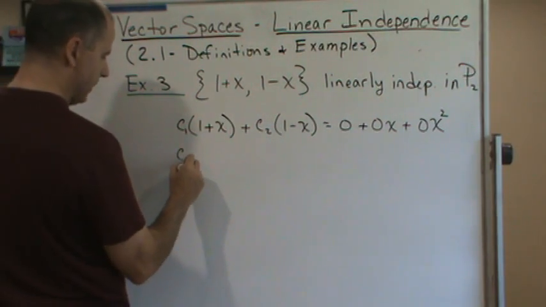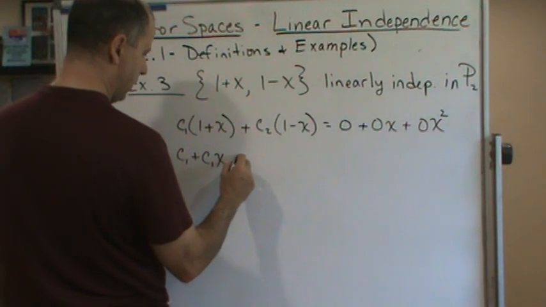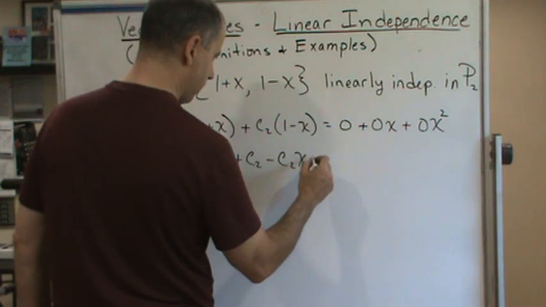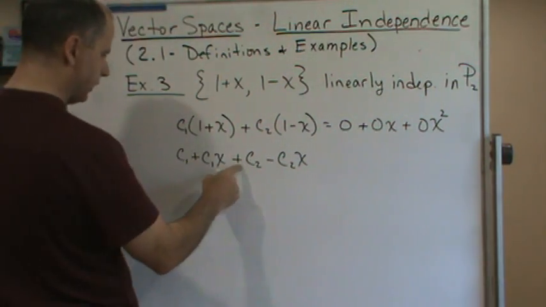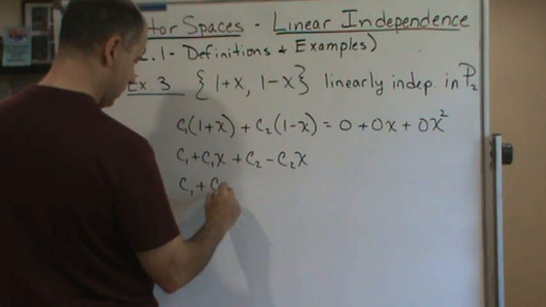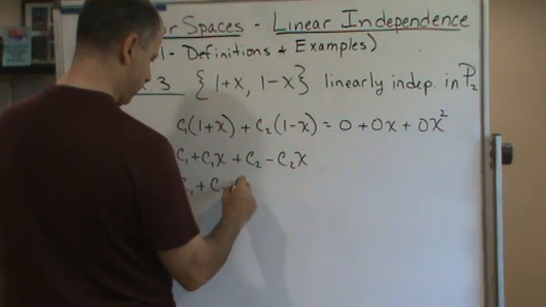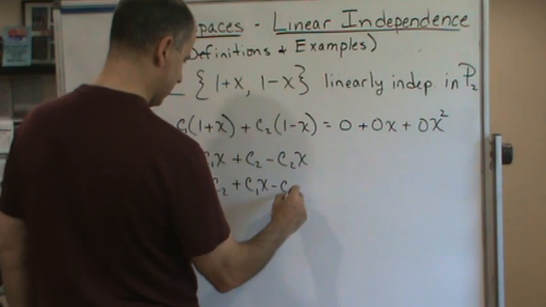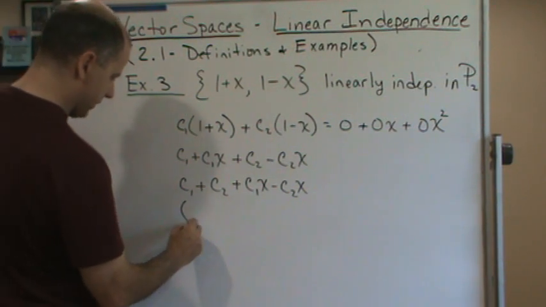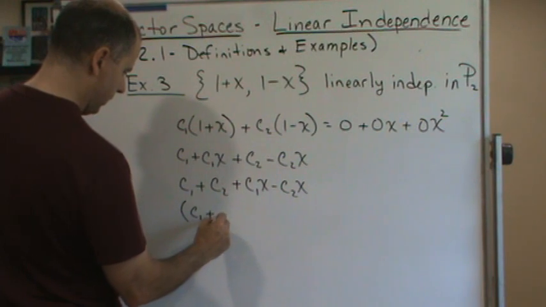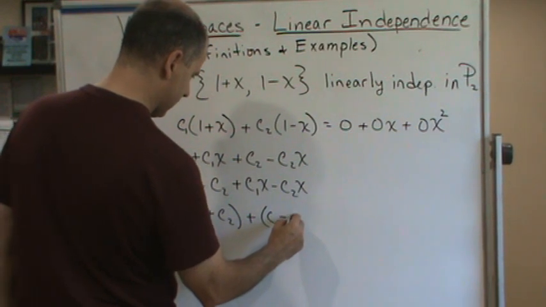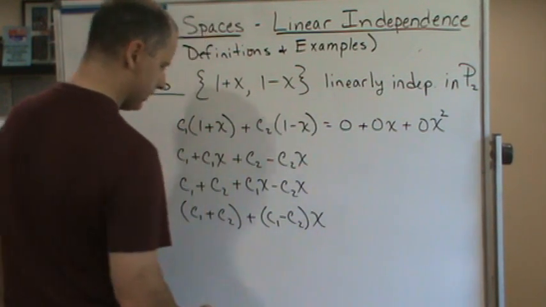So if we expand it out, we get C1 plus C1x plus C2 minus C2x, which now we're going to get C1 plus C2 plus C1x minus C2x, and then of course we can continue on and we group these together since they're constant, C1 plus C2 plus, now we're going to get C1 minus C2 times x, right?